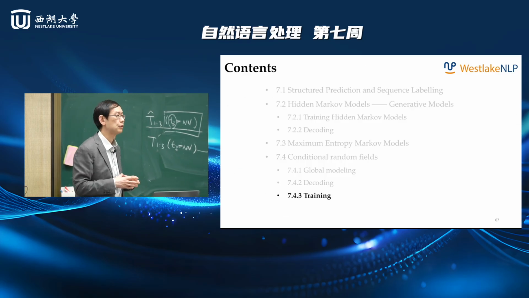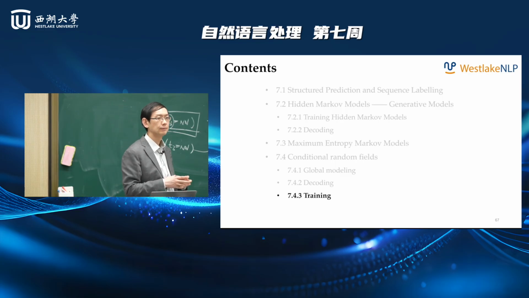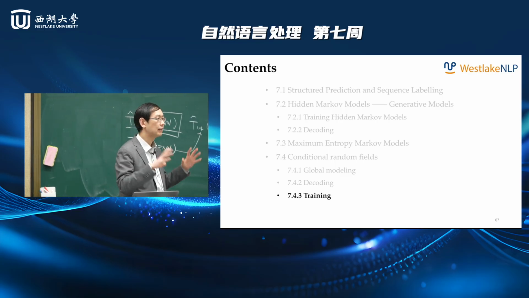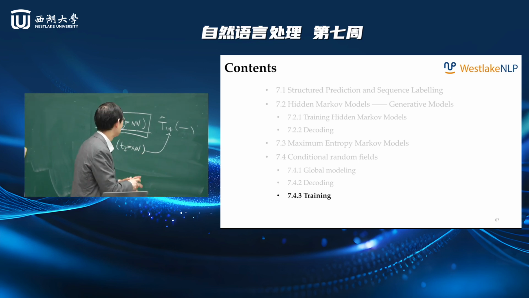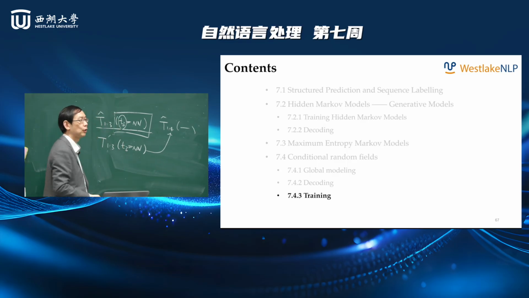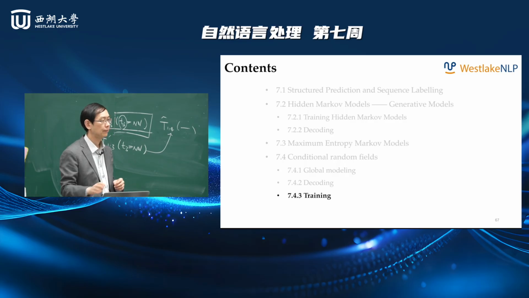Now the only thing left is training. Unfortunately, because I condensed the whole thing into one lecture, I don't have time to write how you derive the training algorithm with you. But I only tell you what's the trick, okay?